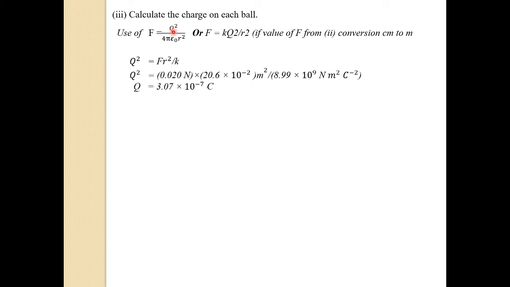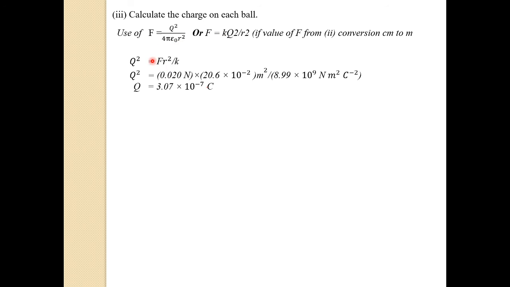Part 3: calculate the charge on each ball. We have calculated the electrostatic force, so use Coulomb's law: F equals kQ squared over 4 pi epsilon 0 r squared. Here we can use the constant k or the 4 pi epsilon 0 relationship.